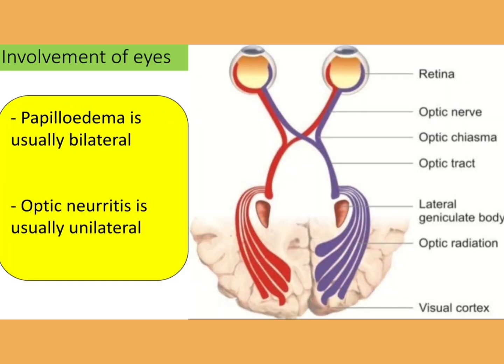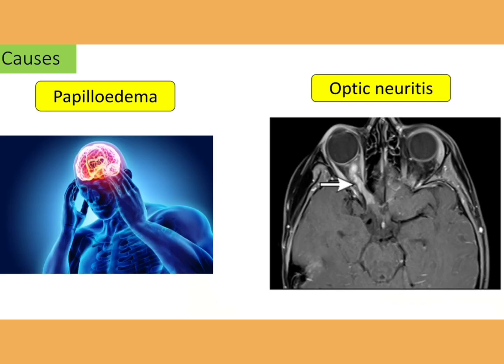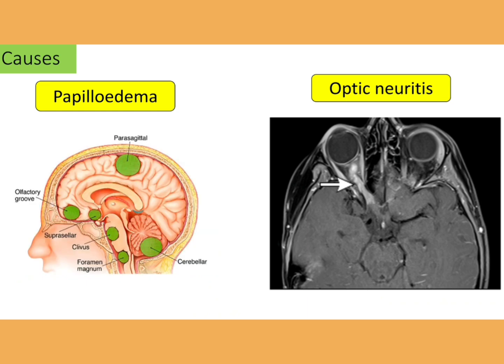Okay, let's move to the next slide. Here, involvement of the eye. Papilloedema is usually bilateral, but optic neuritis is usually a unilateral condition. Now causes.